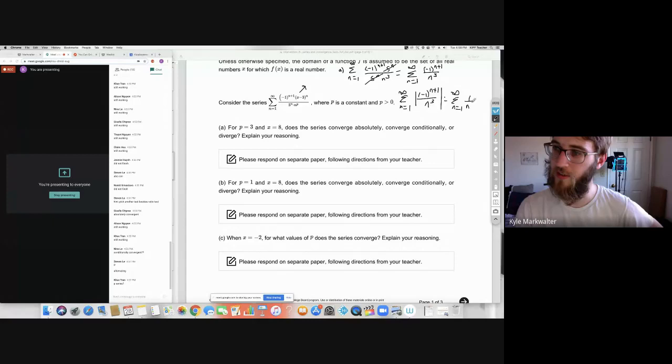So we get 1 over n cubed. 1 over n cubed converges because it's a P series with P greater than 1. And then therefore, our original series, the sum from 1 to infinity of -1 to the n plus 1 over n cubed, is absolutely convergent.